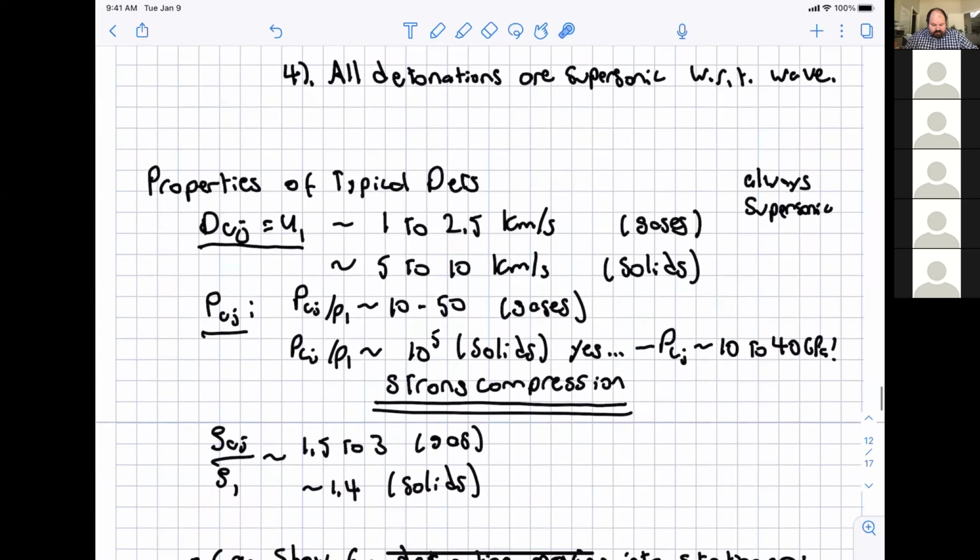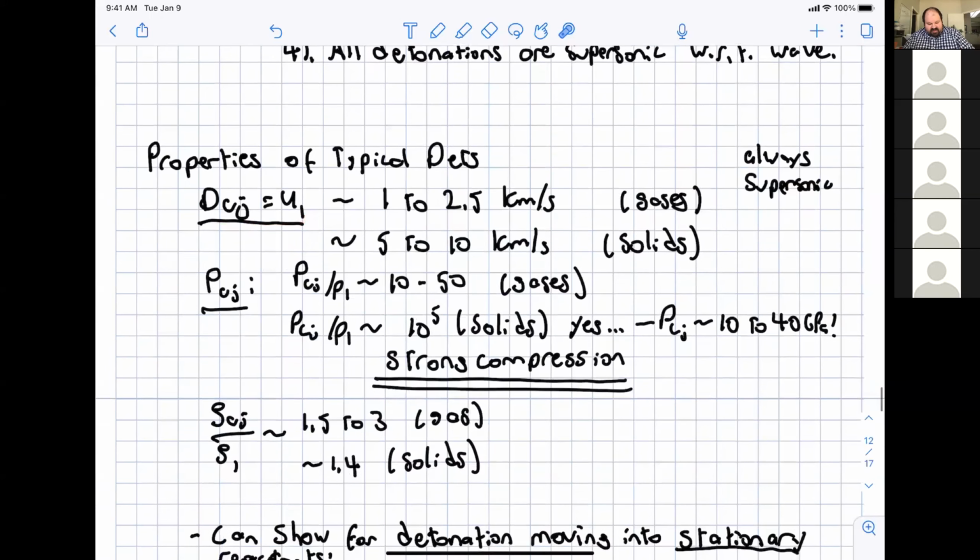Okay, and so typical properties of detonations. Basically, the speed of the detonation, and I should say CJ, because that's where they tend to live, is that the velocity of the detonation, D_CJ, is on the order of 1 to about 2.5 kilometers per second for gases. Again, extremely fast. And for solids, it's between 5 and 10 kilometers per second for high explosives.